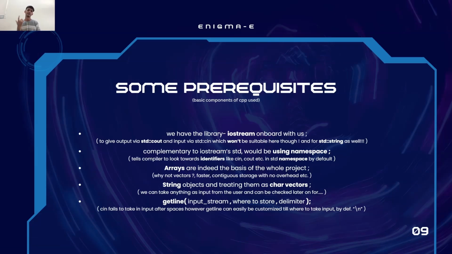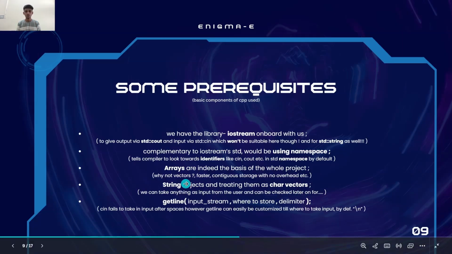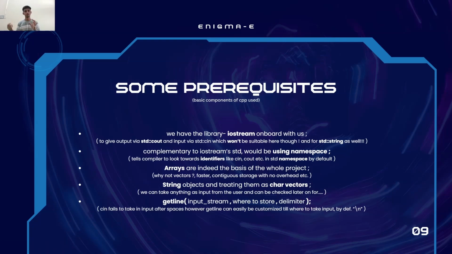And why are we using getline? Because getline is going to take input even if I mention spaces or anything. And if I don't want it to take input after the spaces, there's something called a delimiter. So the input stream is going to be cin. Where to store is basically the variable, which is going to be a string variable, of course. And the delimiter is a single character input after which it won't be taking input.